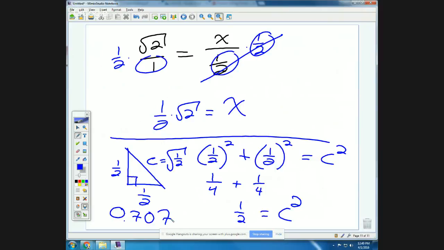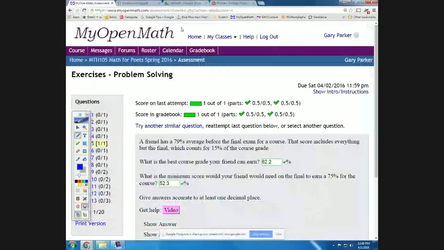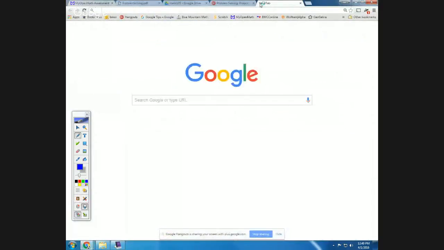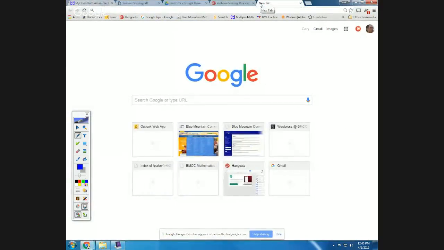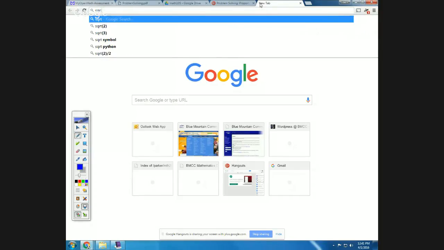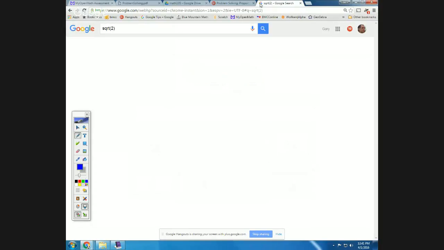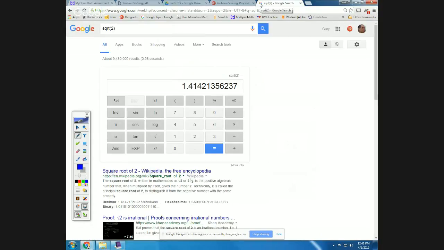So I'm just going to make sure here. Google can tell me too. So the Pythagorean theorem works with the proportionality. Just double check in a spreadsheet or in a Google kind of calculator. If you type SQRT parentheses and then the number you want the square root of, it'll give you that. 1.41-ish.